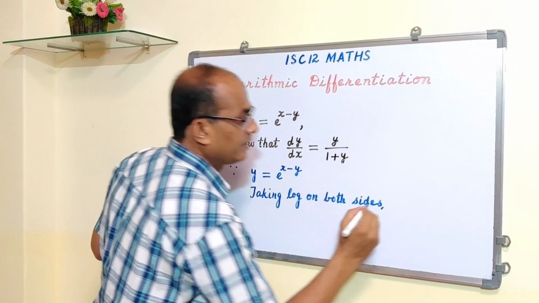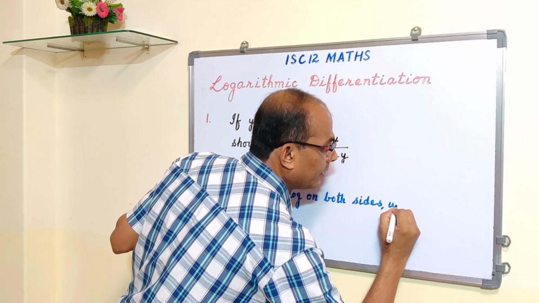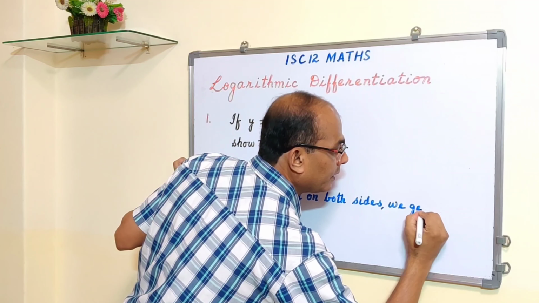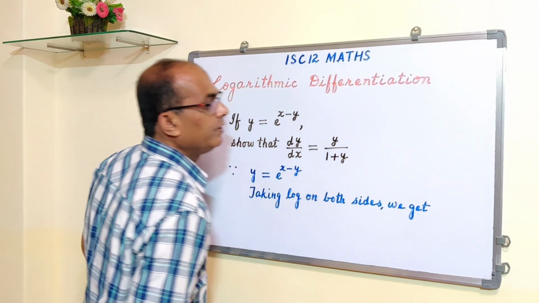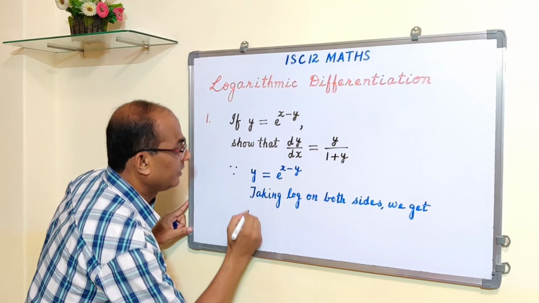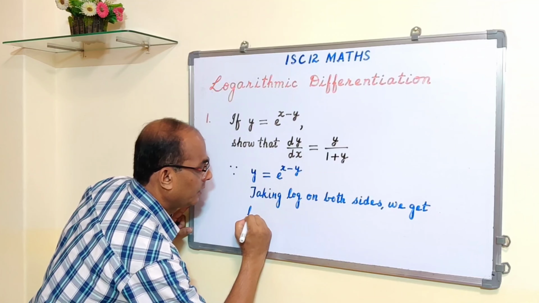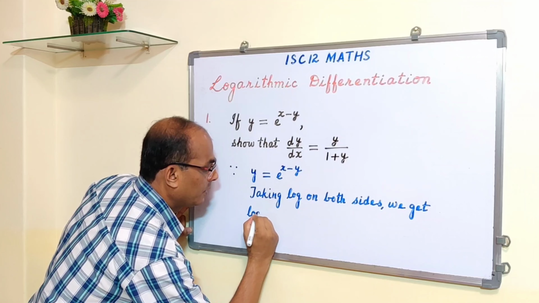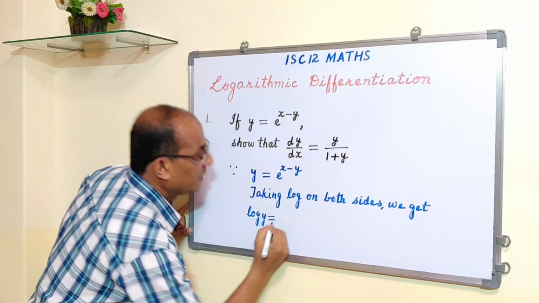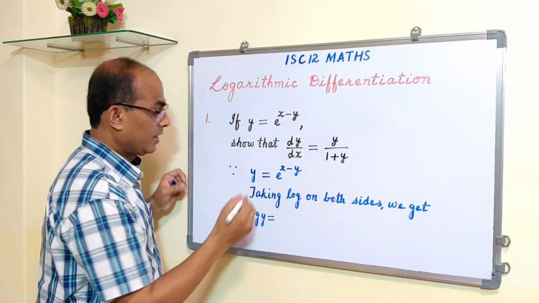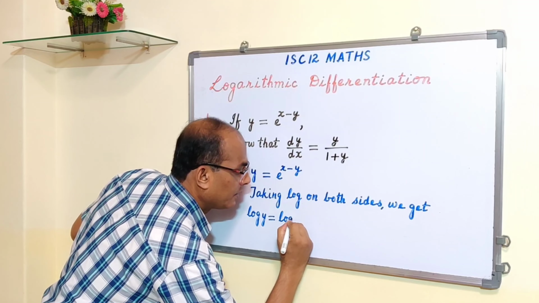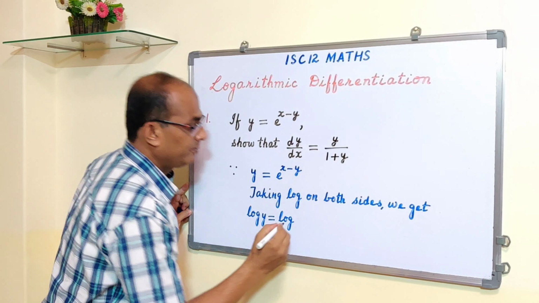We get log y is equal to log e raised to the power x minus y.